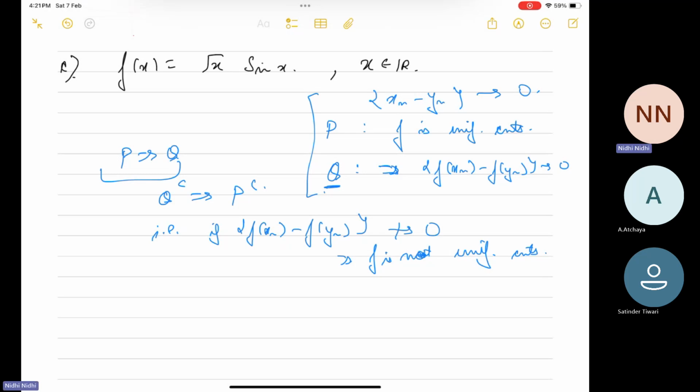So basically what is happening, the points xn and yn are very near to each other. They are going towards zero. But the points f(xn) and f(yn) are not close to each other. That means the function is somewhere blowing up.